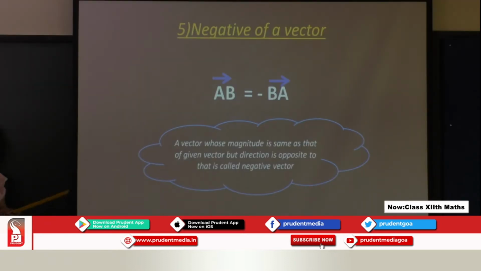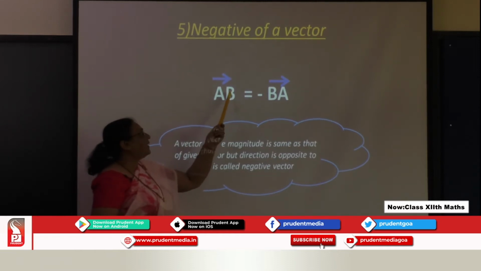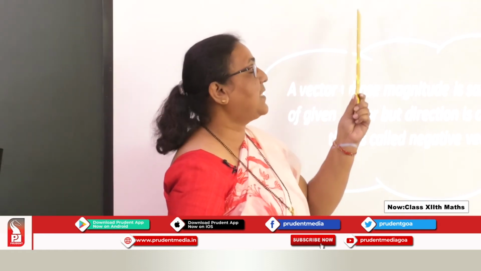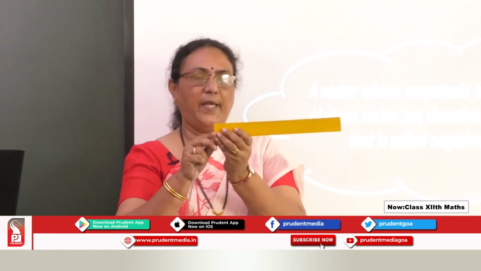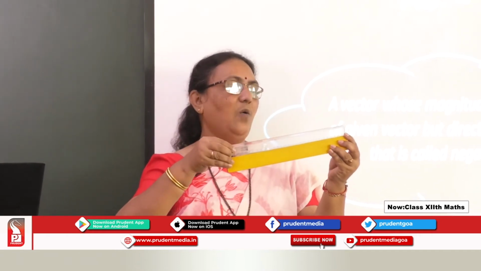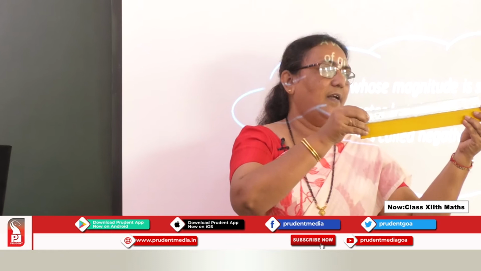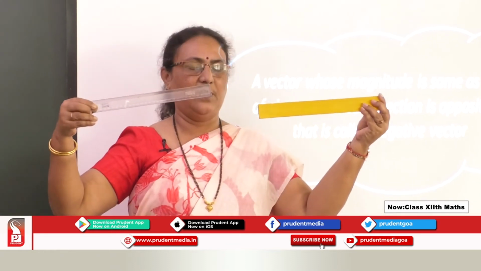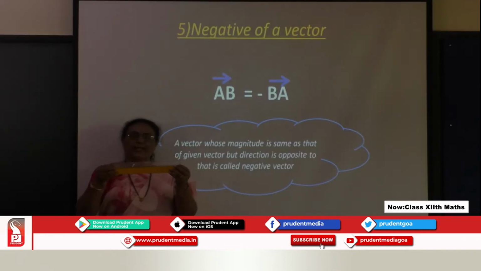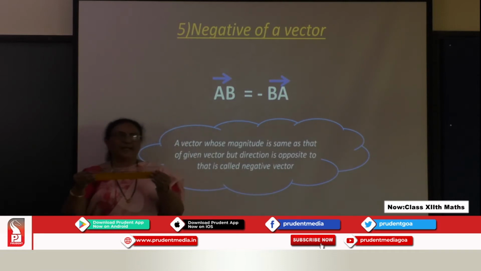Negative of a vector. A vector starts from A and ends at B. Another vector starts from B and ends at A, but the directions are not the same. From A to B, this is a vector AB, and if another vector moves in the same direction, they are equal because the magnitude and the direction are the same.